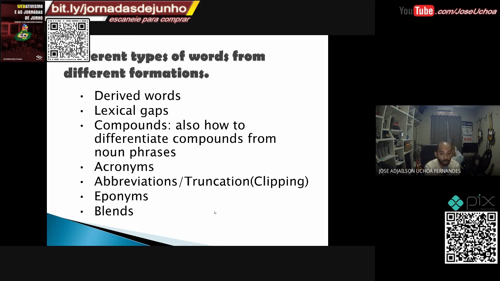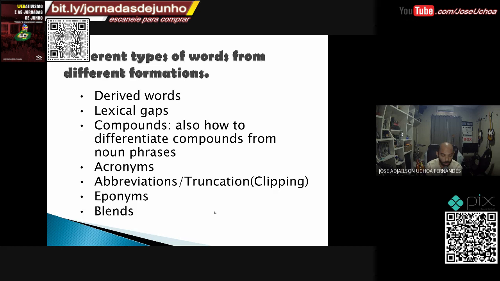And we have blends, okay? Blends are similar to compounds, but in the case of blends, there are missing parts of words, okay? For example, you have the word smoke and you have the word fog, and then you join them and form the word smog.